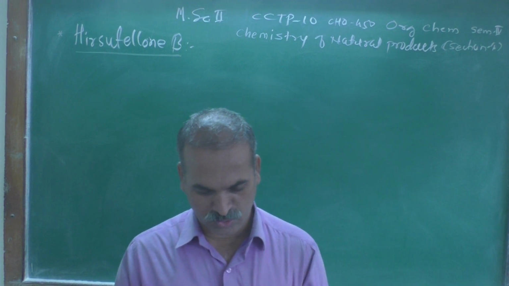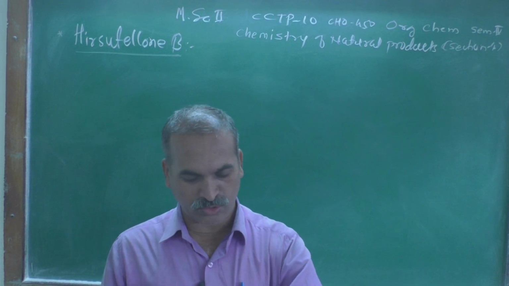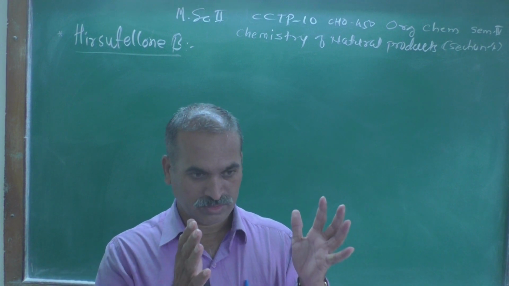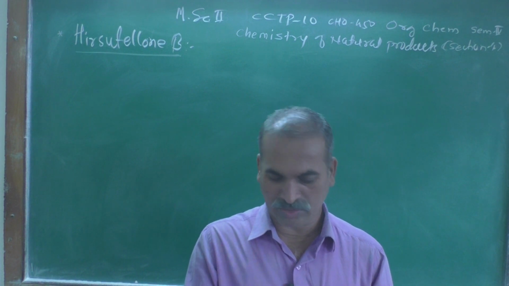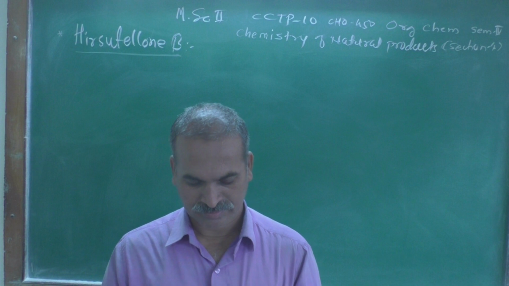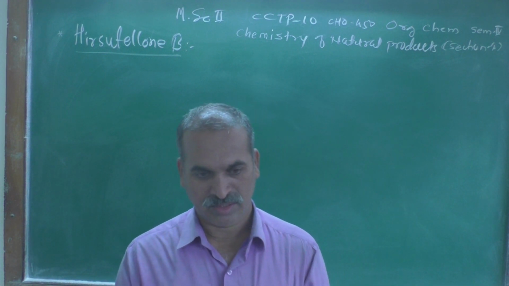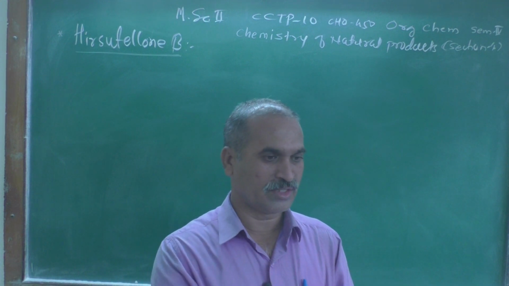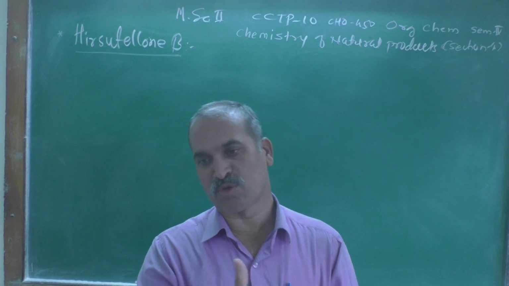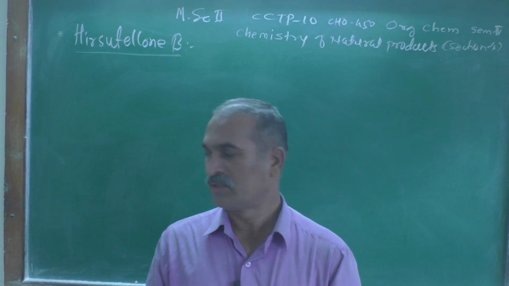So this molecule also, hirsutellone B, there is a total synthesis of hirsutellone B. Just now I have already told you the names of those scientists who synthesized this molecule in the laboratory by starting with different starting materials, because natural products are present in nature, but nature has limited sources, or what we can call methods of extraction or isolation of such molecules from nature or from various parts of the plants.